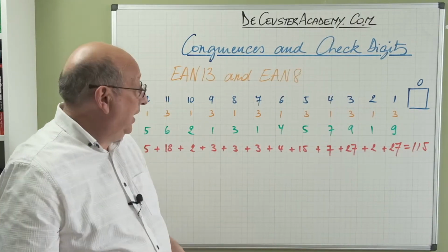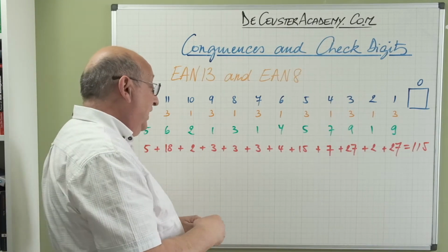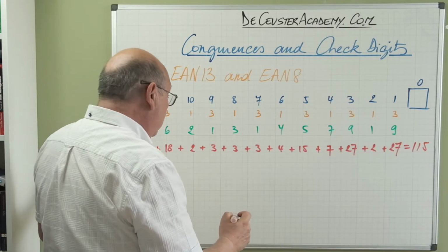The rule that we apply here to find the check digit is in fact basically the same rule.